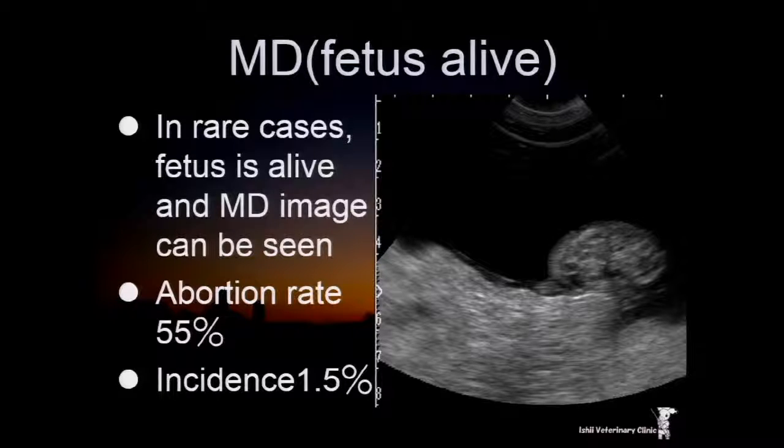In these cases, we call on producers to pay attention to abortion, and more than half of them will abort. And this is also rare. Incidence is 1.5% of all pregnancies. I will deal with cases of MD with a live fetus in this session.